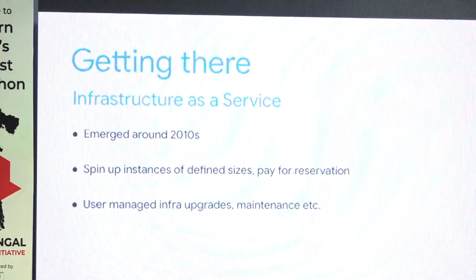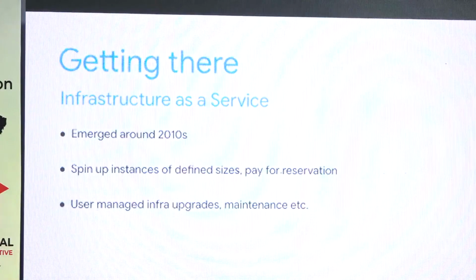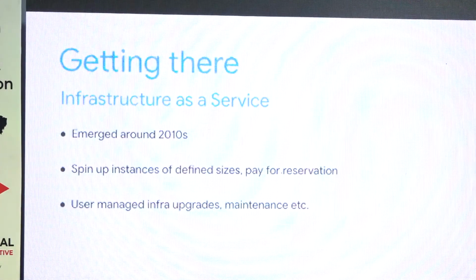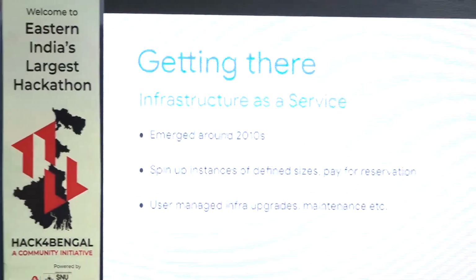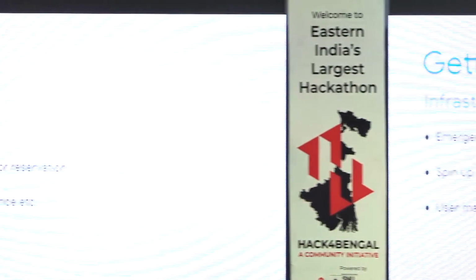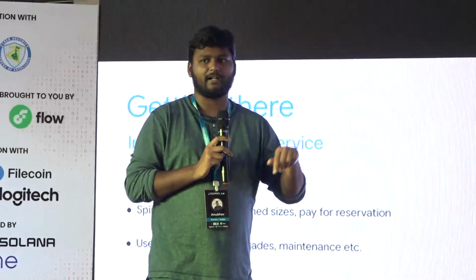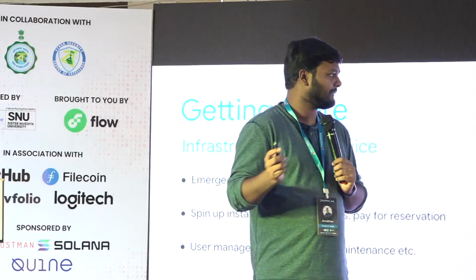Long back, everyone used to deploy virtual machines, and you used to host your code there, and whenever you needed it to scale up, the only option was to have either multiple deployments, and they would all again be under different host names, and then you had to find a way to put them behind a single host name using a load balancer. Or else you had the option of increasing the size of the VM, which was the one preferred by smaller companies because they could not really go into multiple deployments, right?